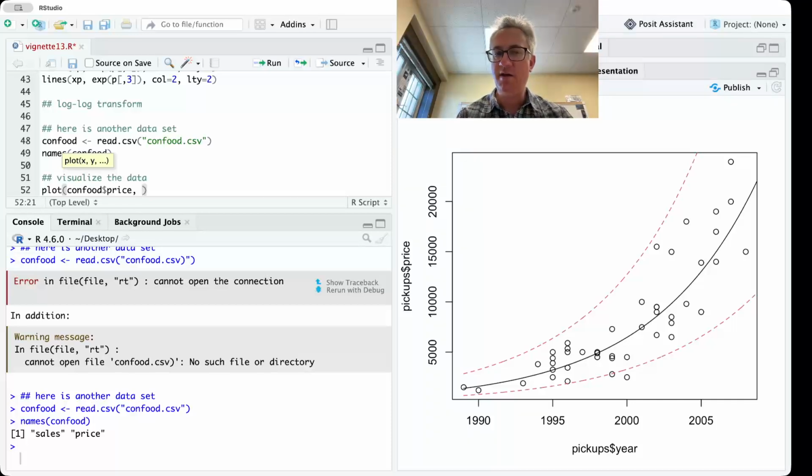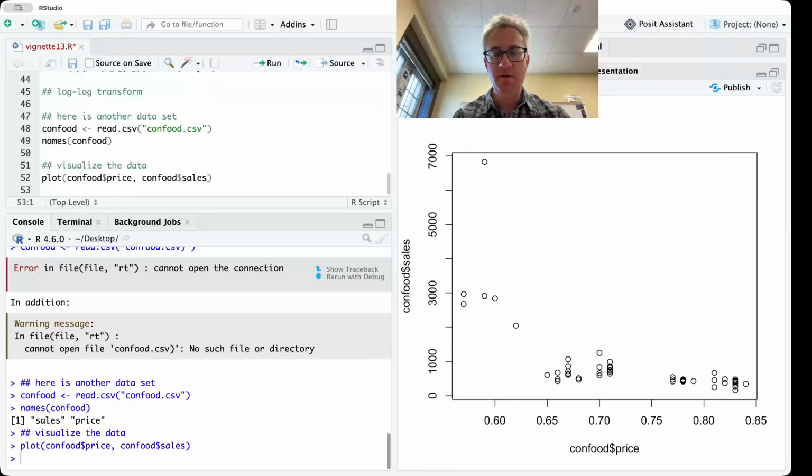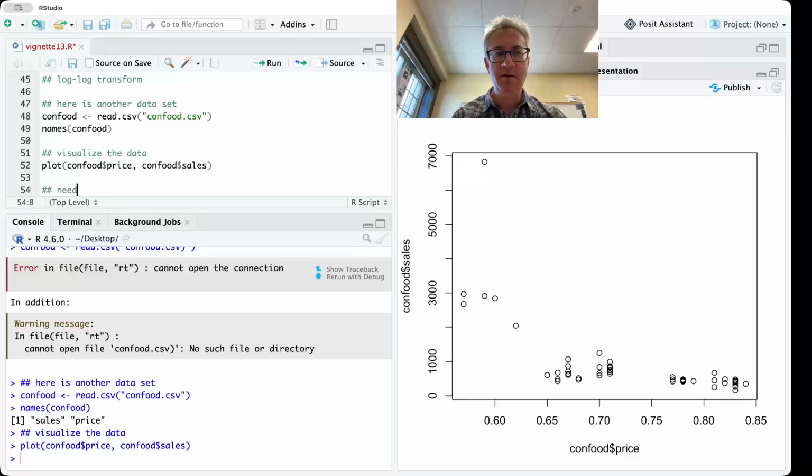And the amount you sell, that's the random quantity in this case. Confood sales. Okay, so this is what those data look like. It doesn't look like a linear relationship. So probably I'm going to need to make a transformation.